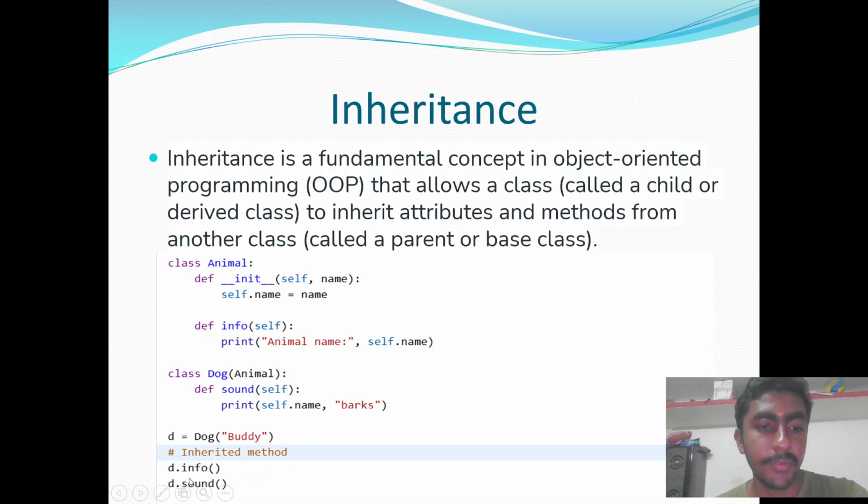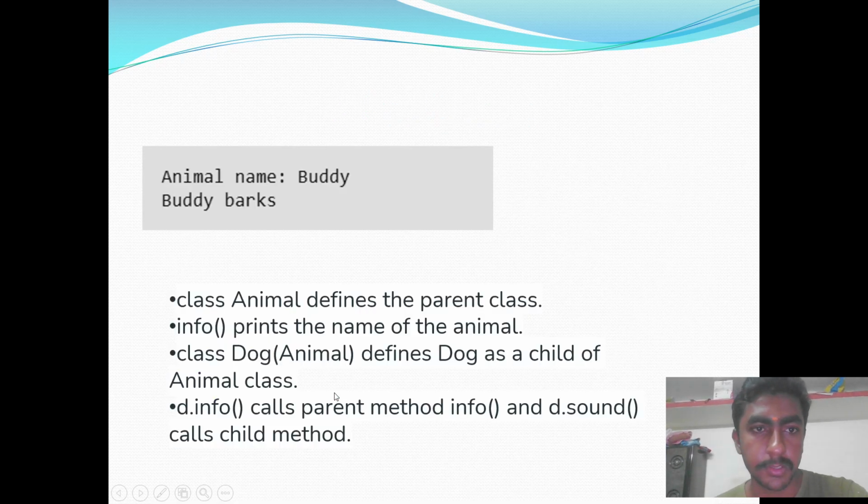If I call d.info, it refers to the pre-existing method called info in the parent class and prints animal name, comma, which is Buddy. Next, d.sound prints Buddy barks.